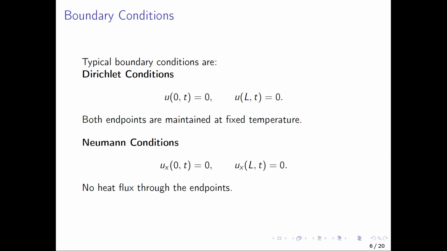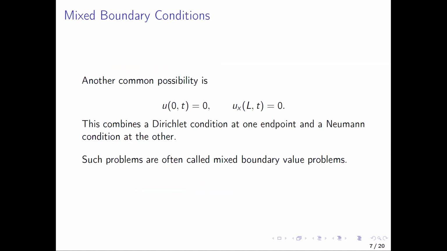The Neumann condition specifies the heat flux through the endpoints, so it uses the first order derivative. In the mixed case, we can say mixed boundary conditions, or sometimes Robin. Generally these are called the Robin condition.